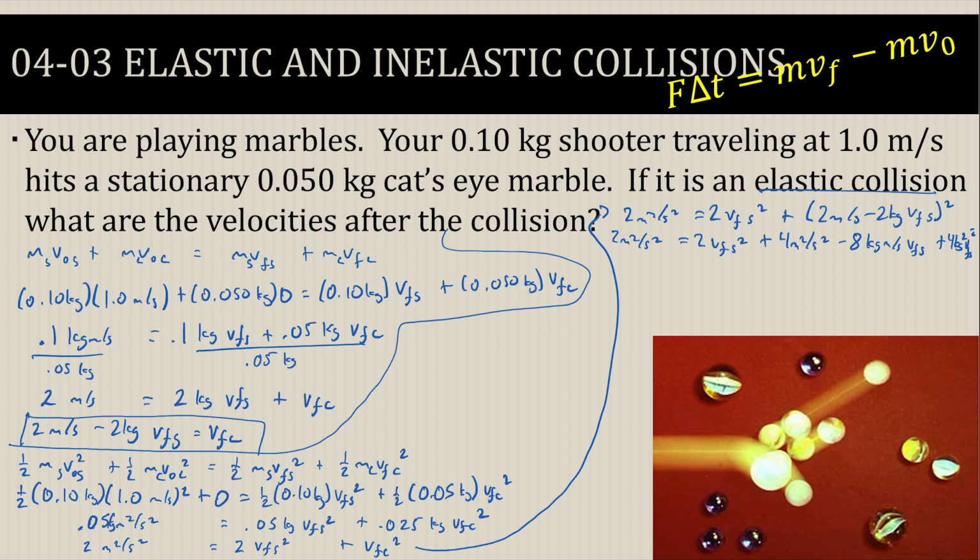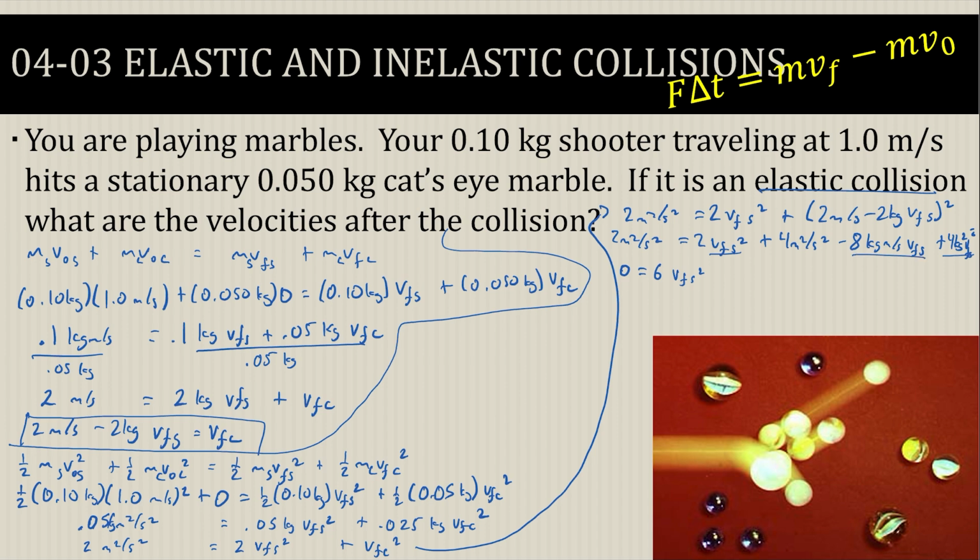All right, since this is quadratic in the velocities, let's move everything to the same side. For the squareds, I've got 2 and 4 is 6. I'm going to drop the units for now, it'll be slightly easier.